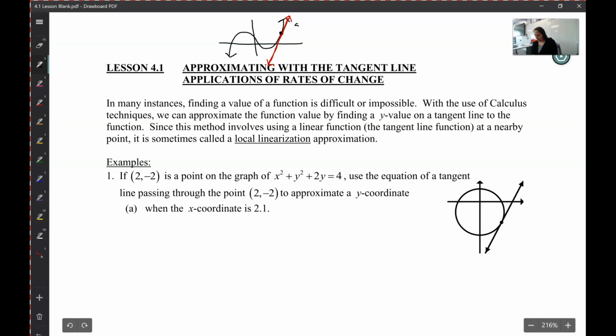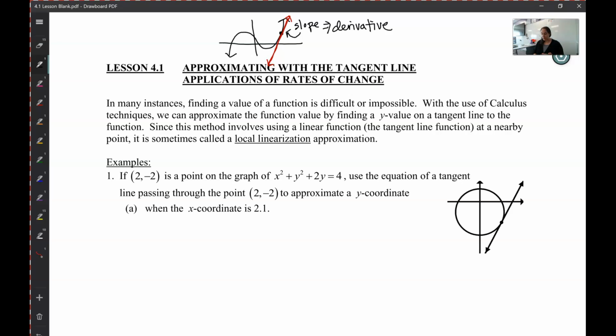Quick reminder, the slope of this line is the very definition of what a derivative is. A derivative is the slope of all the tangent lines. That's what a derivative is. Now, this lesson is about using tangent lines. So let's review one last thing. This tangent line, this red line here, is linear, and it will always be linear.